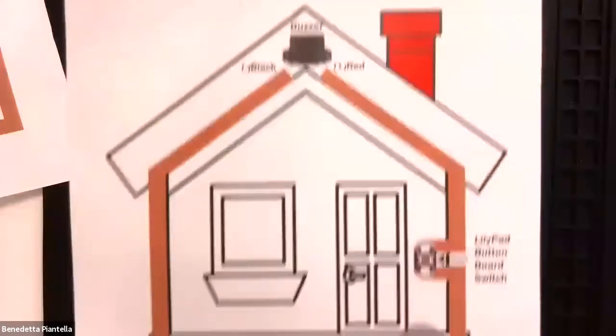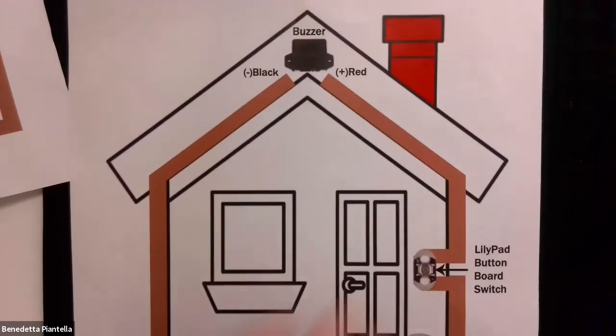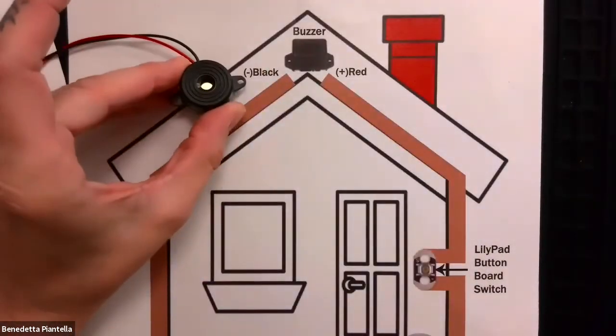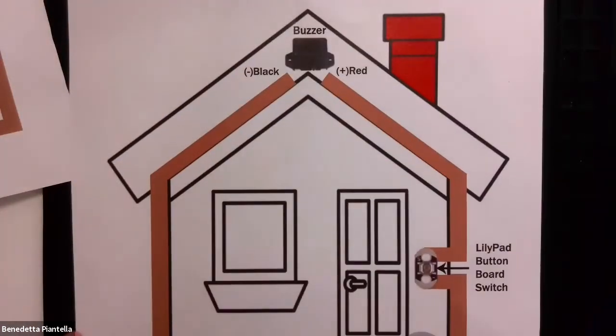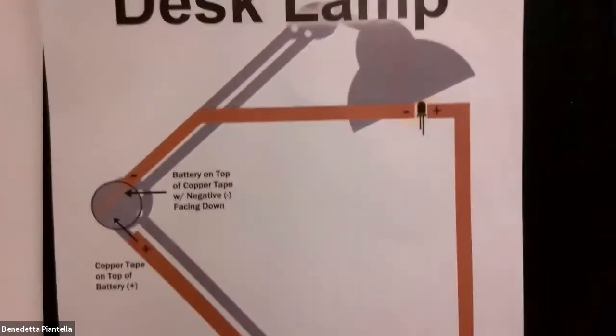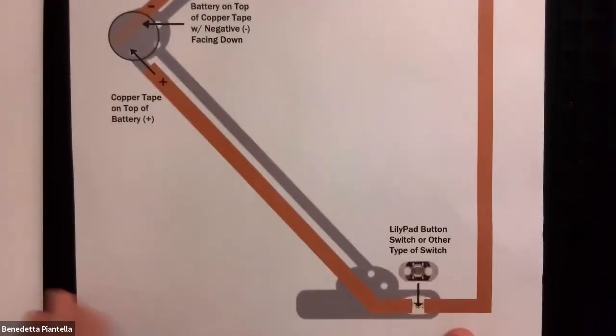These are all printables. And this is, for example, a doorbell. So very much like the circuit that we just built that used a little buzzer instead of the LED, this is something that you could do. And this is giving you the idea that you could start shaping your circuits, and all this is tape, however you actually want. This was the basic circuit, also just shaped like a lamp.